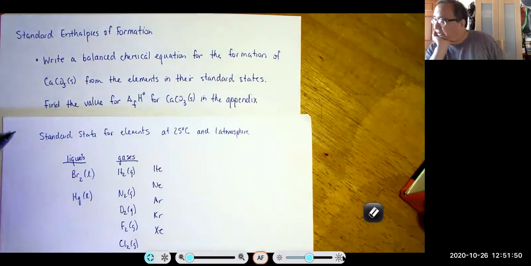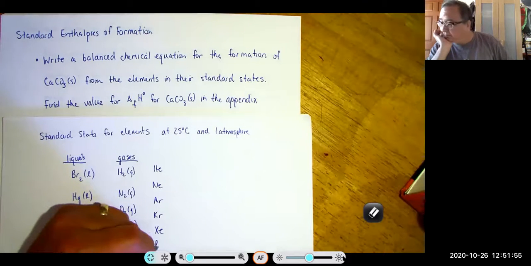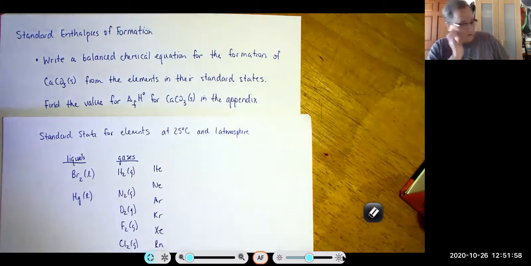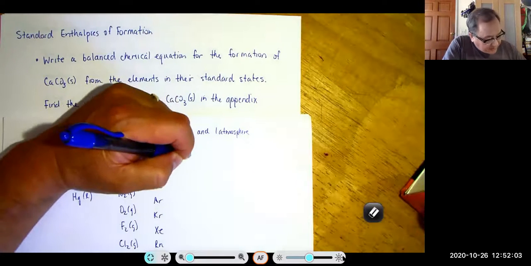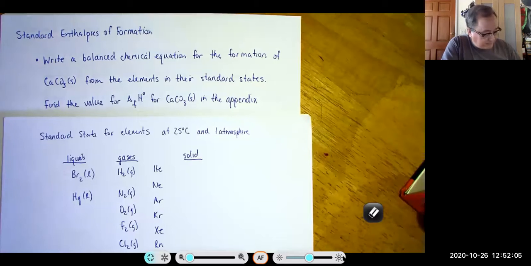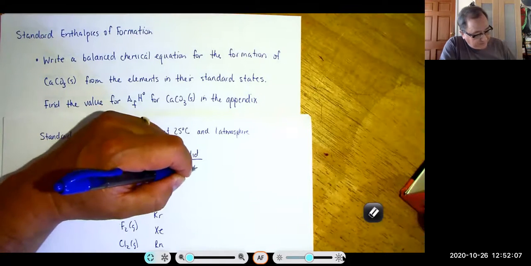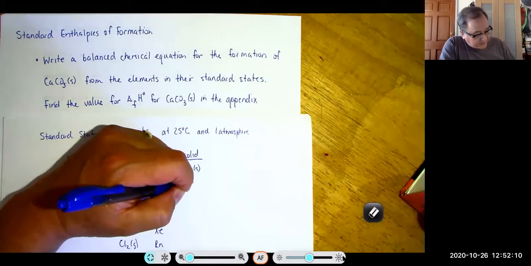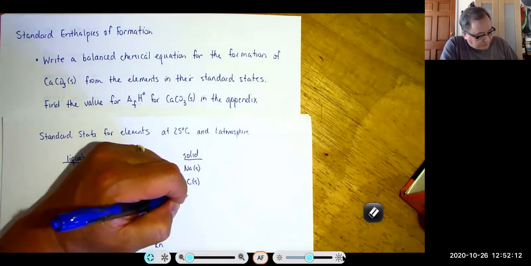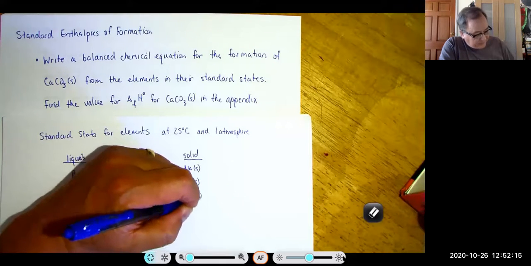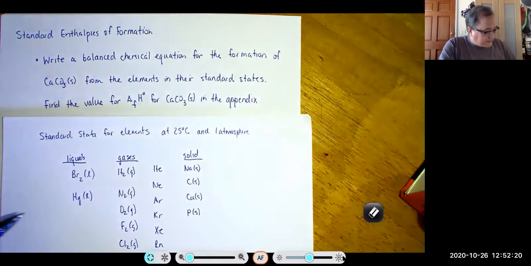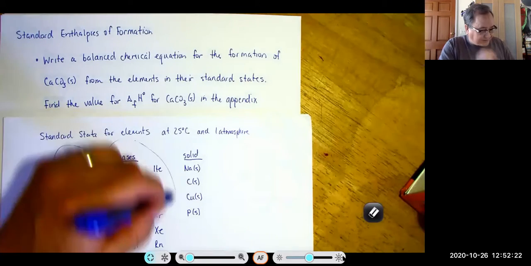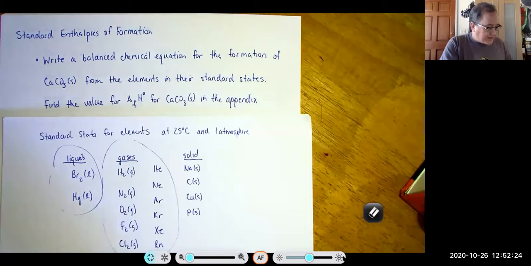Let me take a quick look at the periodic table. Oh, I forgot radon. So these are the gases. The solids are everything else. Sodium is a solid. Carbon is a solid. Copper is a solid. Phosphorus is a solid. So it's easiest to remember the liquids and the gases. So those are their standard states.